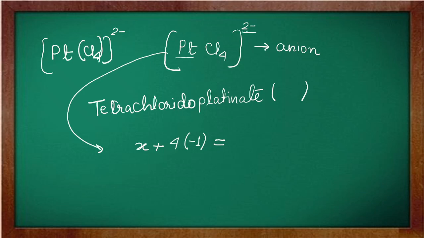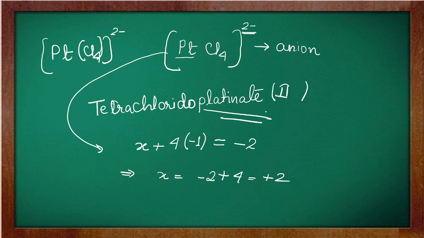Here it is -2, so you write -2. Whatever the charge it carries, you write on the right side. So X is equal to -2, and that 4 goes to the other side and becomes +4, so X is equal to +2. It means that the oxidation state of platinum is 2. So the name for this compound is tetrachlorido platinate(II).